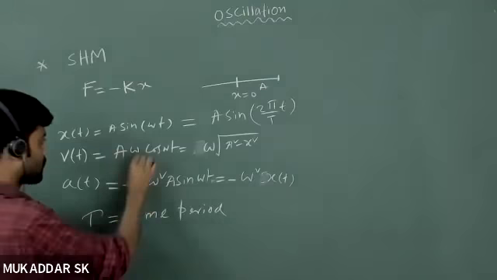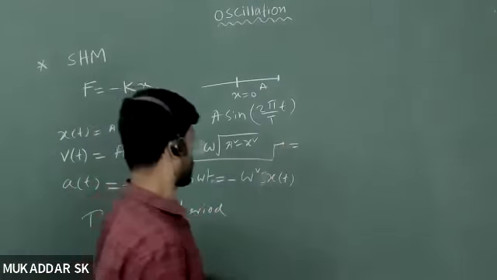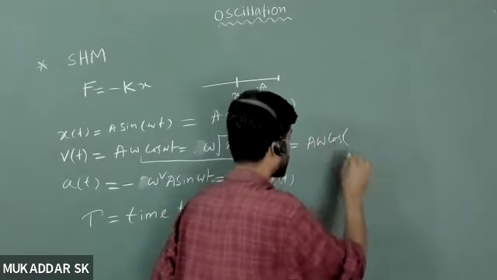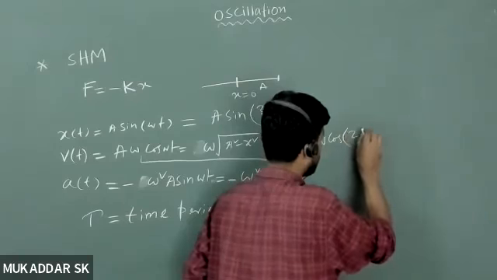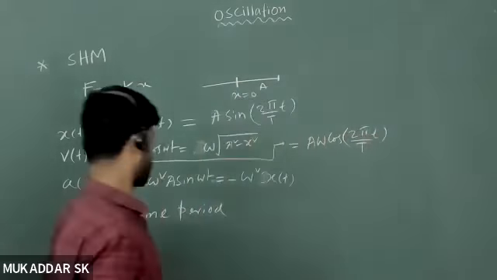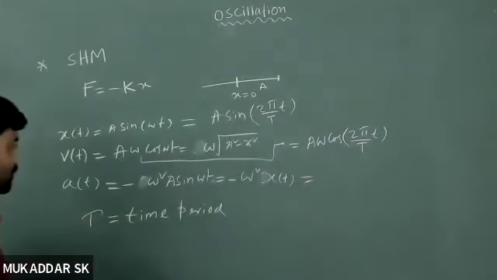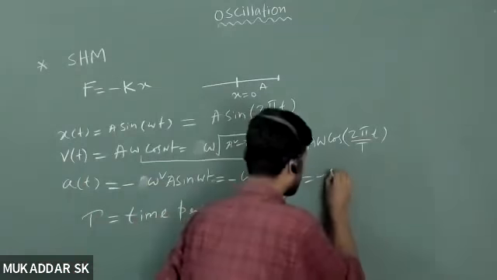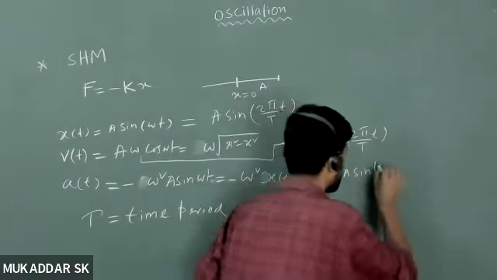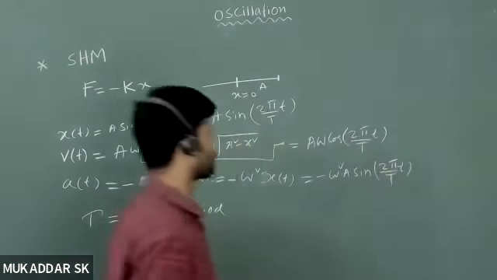Similarly, v as a function of t is a omega cos of, in place of omega again 2 pi by T, times t. And for acceleration, I'll write minus omega square a sine of 2 pi by T into t.